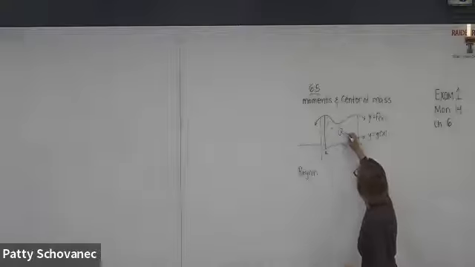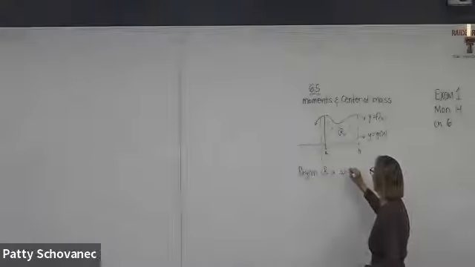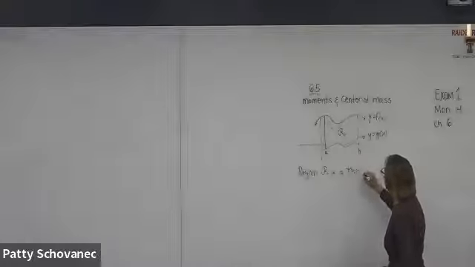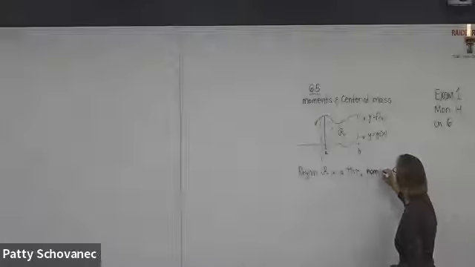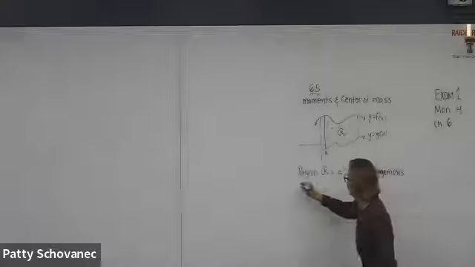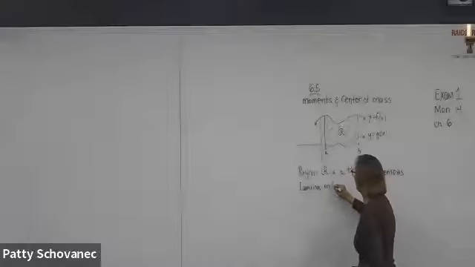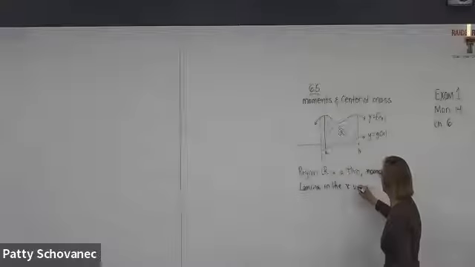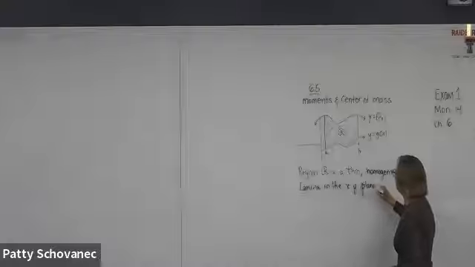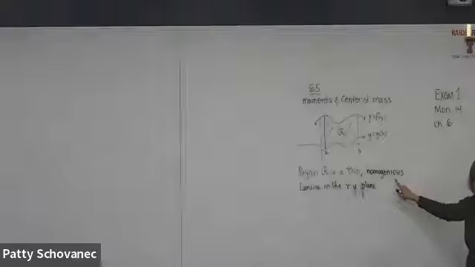R here is a thin plate, and we're going to make it homogeneous, like a little bitty plate. Homogeneous means that the density at any point is the same.